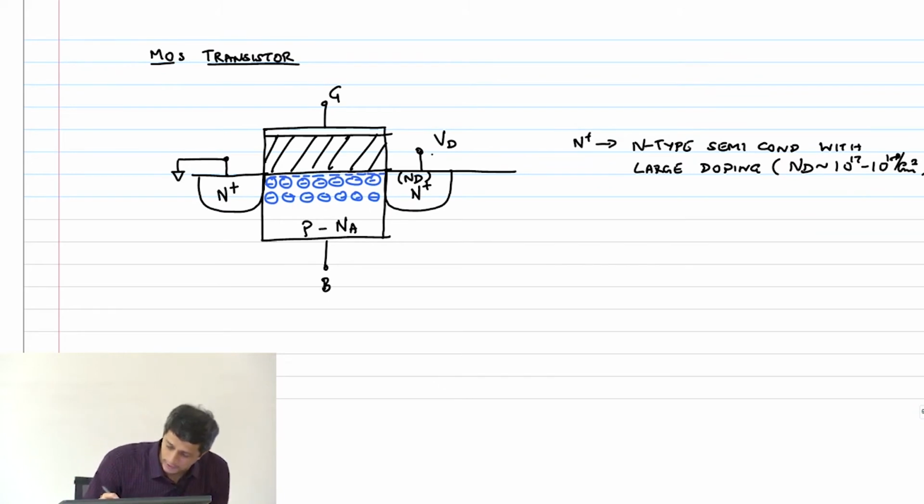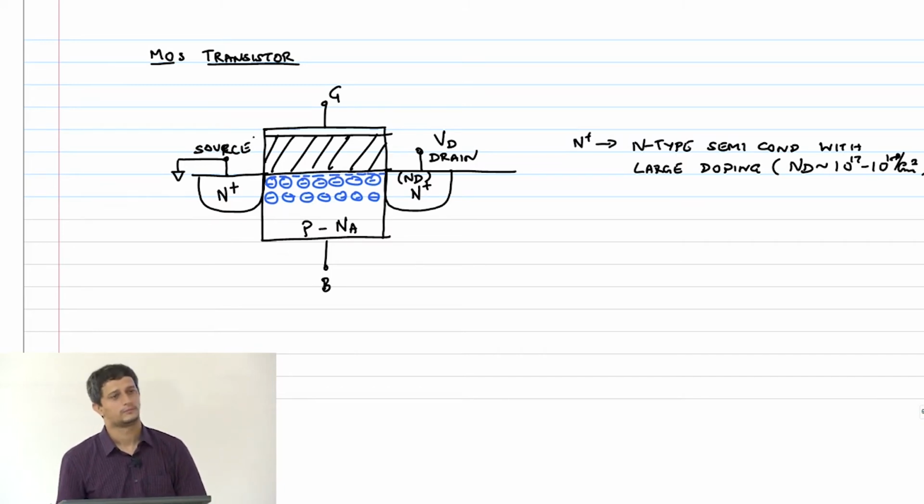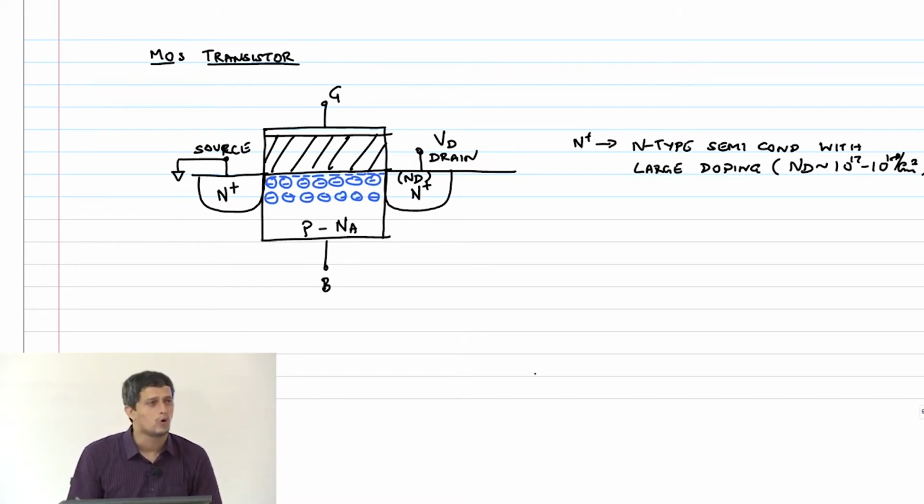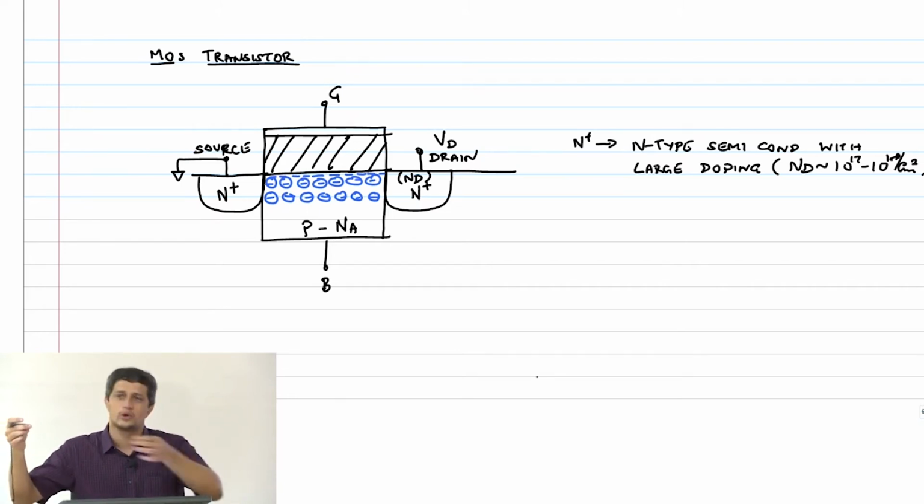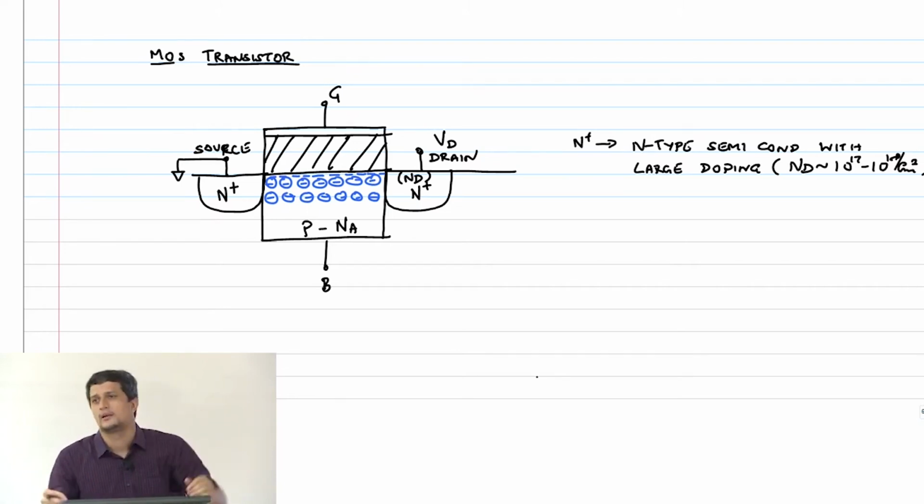This is called the drain and this is called the source. So now if I apply a drain voltage across these 2 terminals, clearly that potential is going to drop across that entire channel.